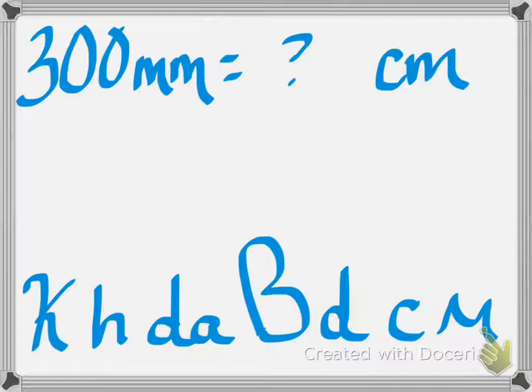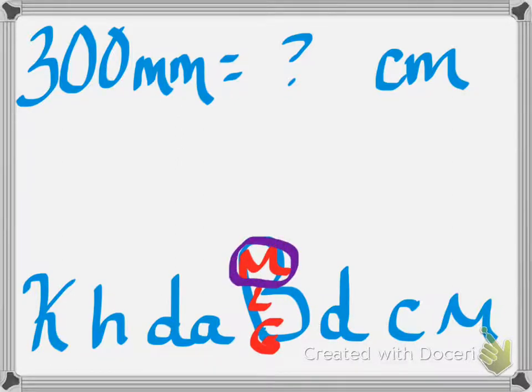That would be insane. Okay, so remember, when you look at the B, we're not thinking B, we are thinking meters, liters, and grams. Alright, so 300 millimeters. We're dealing with meters this time.